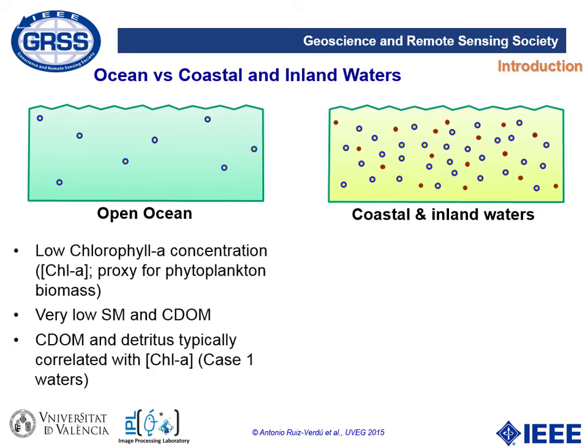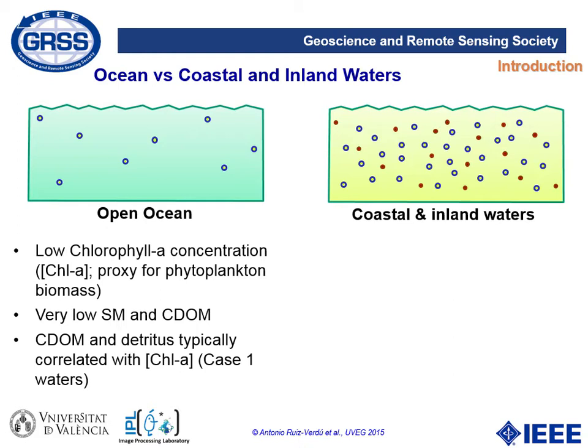In open ocean, waters normally are characterized by a low chlorophyll A concentration. Remember that chlorophyll is the main photosynthetic pigment of all photosynthetic organisms, and then is a proxy for phytoplankton biomass, since the chlorophyll concentration per cell unit is rather constant.